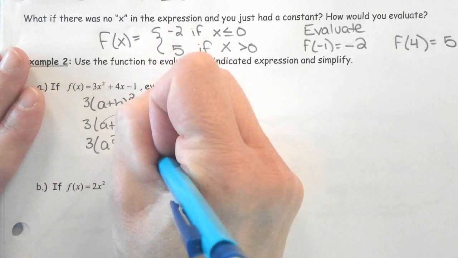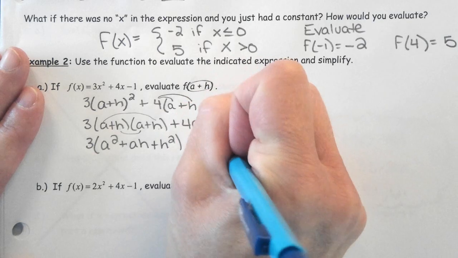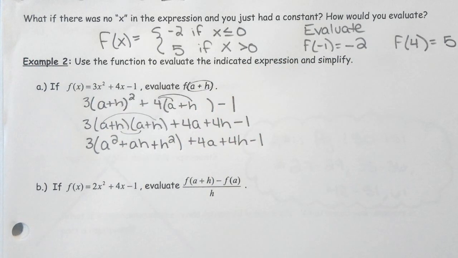And then h times h, h squared. Plus 4a plus 4h minus 1. And again, remember that I typically tend to do extra steps to really bring home the point of what we're doing. If there are times where you're like, but Miss Bethel, I could have multiplied and also distributed the 3, that's fine. Sometimes I just take it a little bit more slowly so I don't lose anybody.